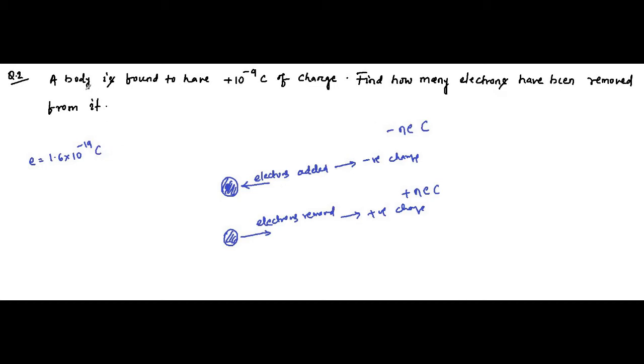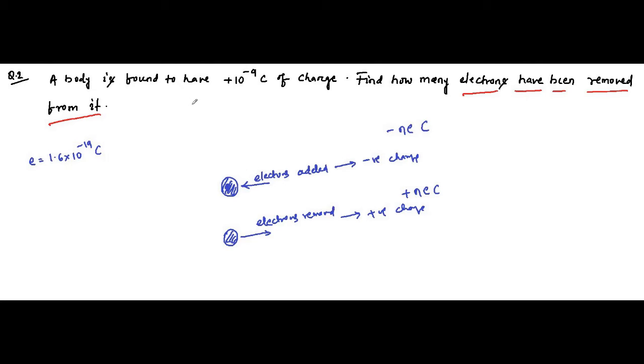So here the body has plus 10 to the power minus 9 coulomb charge. So here it means electrons have been removed. It has been specified here, electrons have been removed from it. So the number of electrons that are removed, that we have to find out.